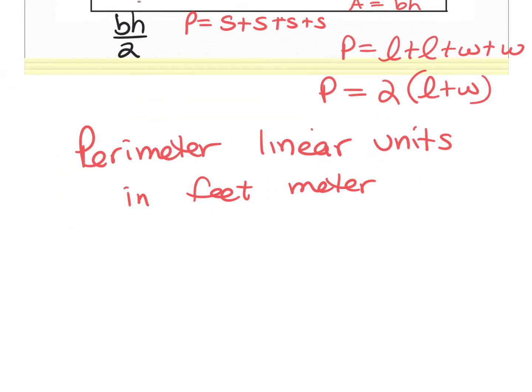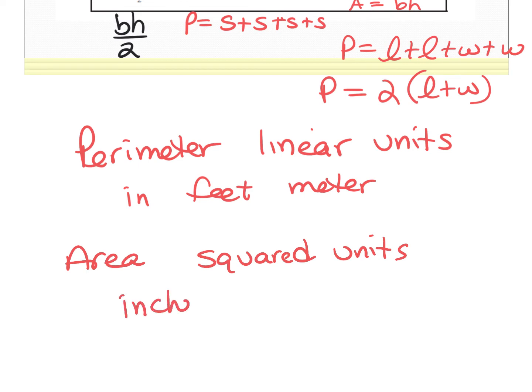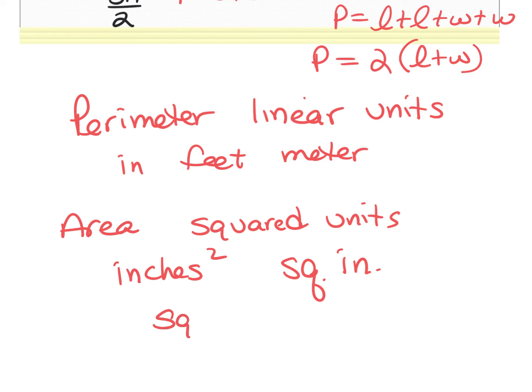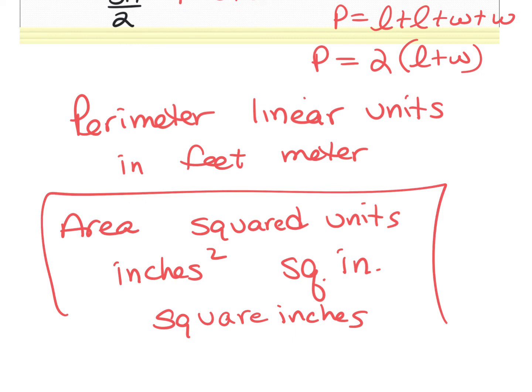When we do area, it's going to have that linear measure squared. So area, the units are always going to be squared units. So you could have inches squared, like that, or sometimes they'll put SQIN. So just be able to recognize it, or even spell out the words square inches. So area is always the unit squared. Perimeter are going to be whatever they give it to you as.